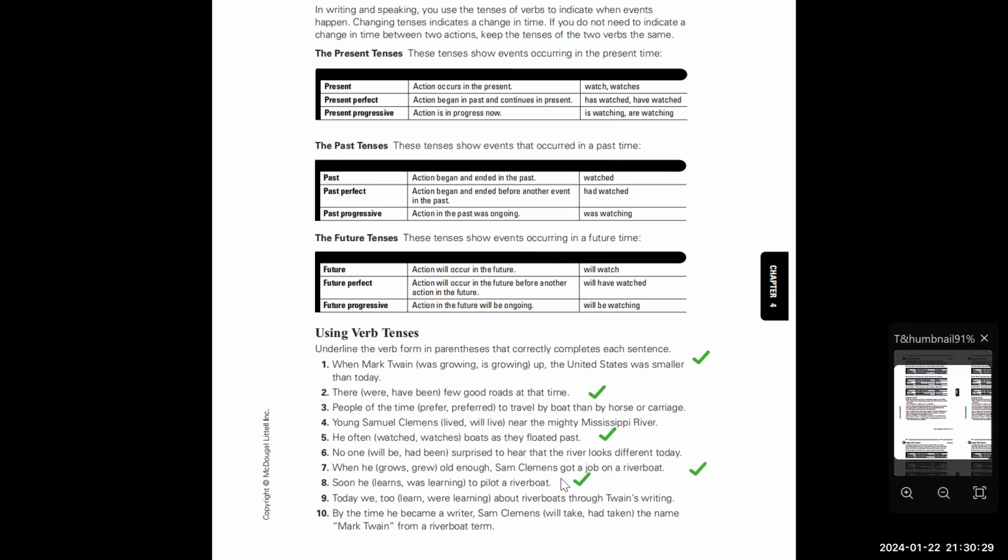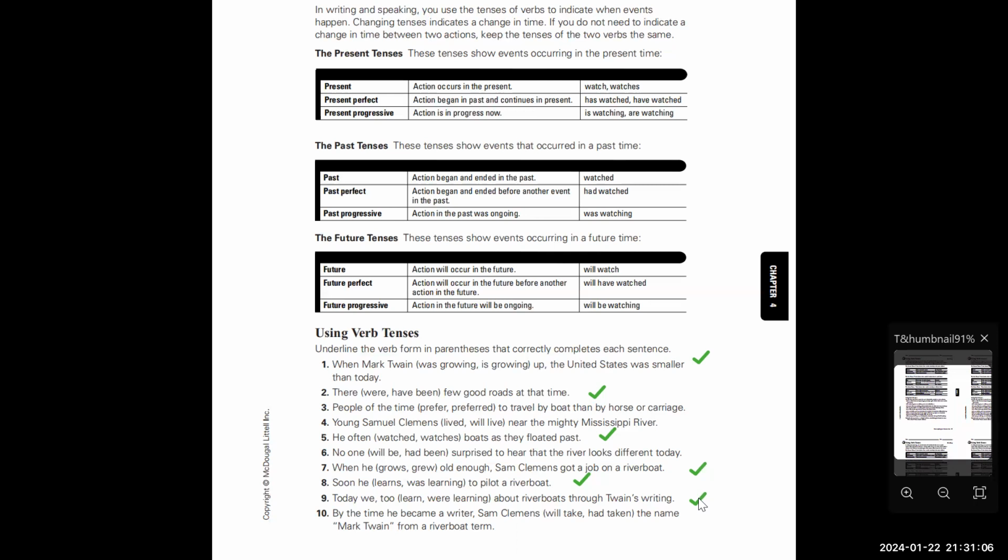Today we were learning about riverboats through Twain's writing. So your answer is we're learning? Okay, that's correct. Because it's still today, so it means it's still ongoing, and it already started in the past. So it's like past progressive. Okay, number 10.